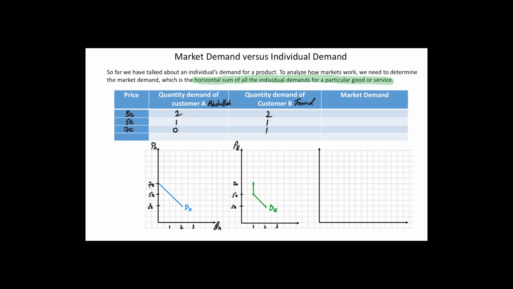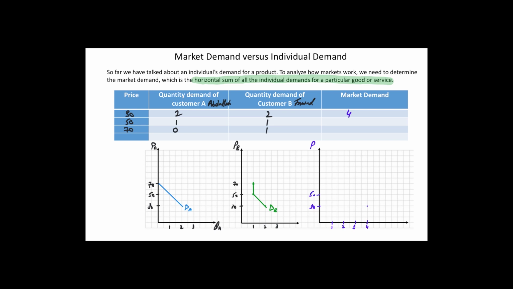Now we can come up with the market demand curve. At the price of 30, Pepsi sees, based on customer A and B, we can sell about how many units? 2 is for you, 2 is for me. So they're thinking at the price of 30, we can sell 4.